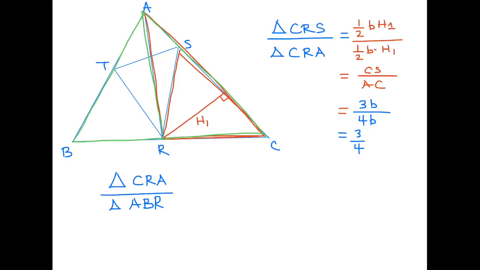So similarly, you have to draw a perpendicular like that, and you can call that H2, and therefore this will be 1/2 base, which is CR, times H2 over 1/2 base of ABR, which is BR, times H2.